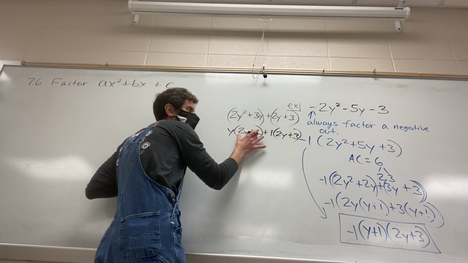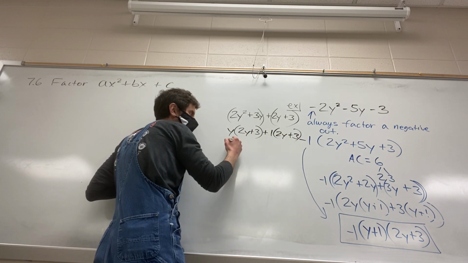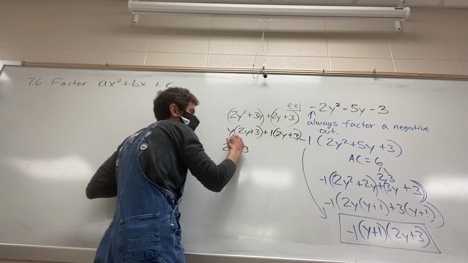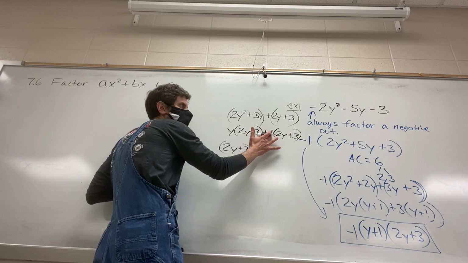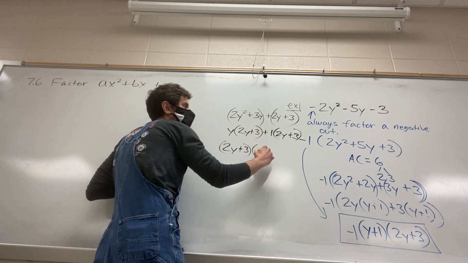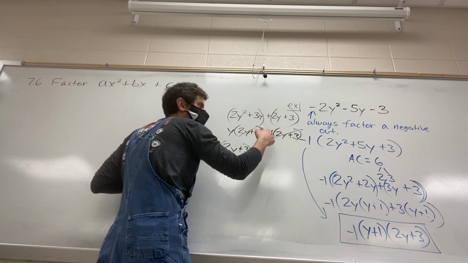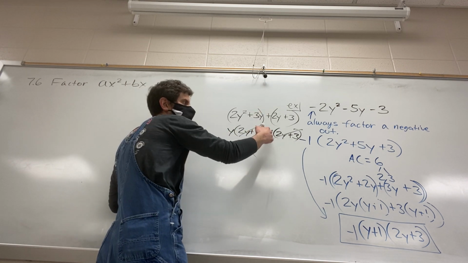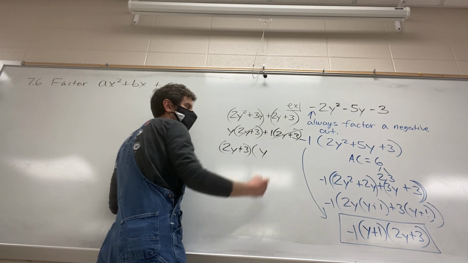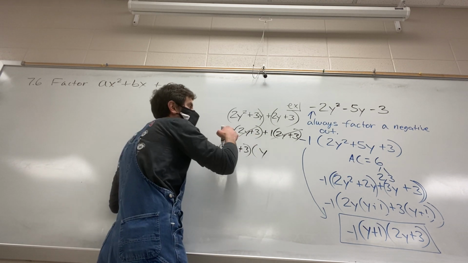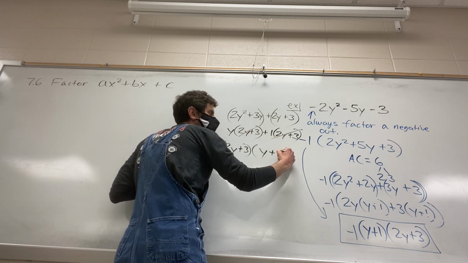Now, do you see how you got a 2y plus 3 in common? Factor out that. But here's why it's so important to put the 1 there. What's left over? Y plus 1. If people don't put the 1 there, they'll just write y. But it's y plus 1.